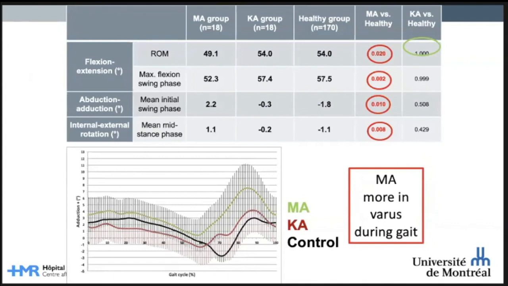The results were clear. Our KA patients had a similar gait pattern and knee kinematics compared to the control group. In the MA group, there was a significant difference for all parameters versus the control group. And moreover, with MA, there was significantly more adduction or varus during gait than the KA group.